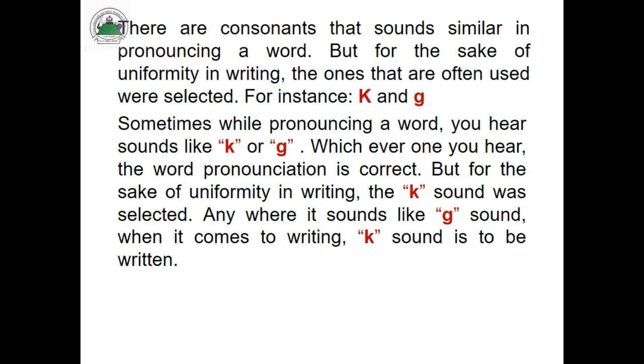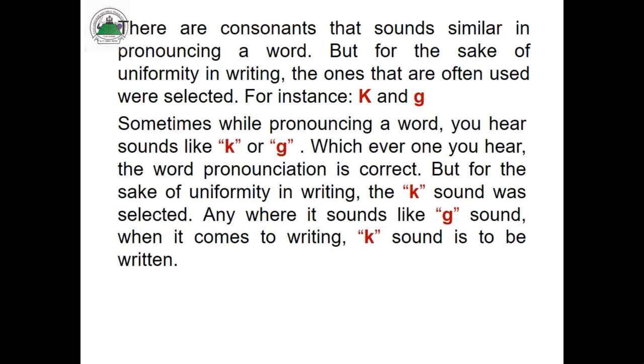But for the sake of uniformity in writing, like we said, this k sound was selected. So anywhere it sounds like a g sound when you speak or while you are talking, when it comes to writing, you are using this sound k.